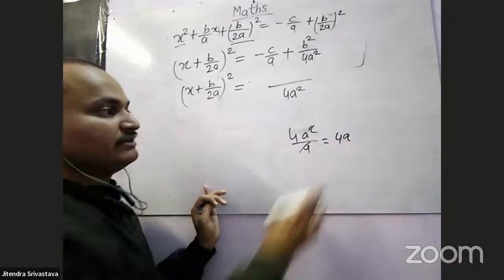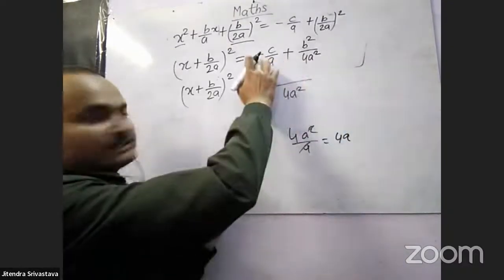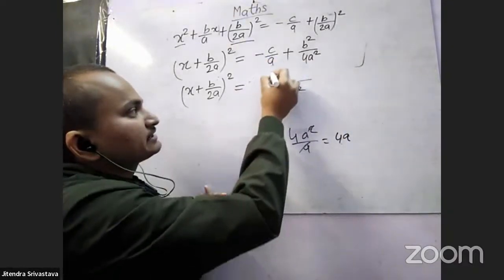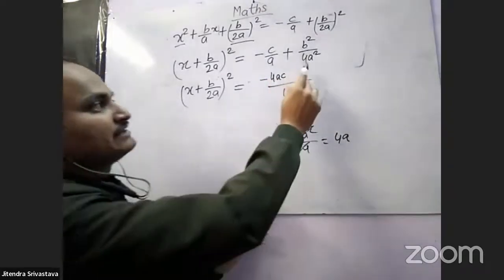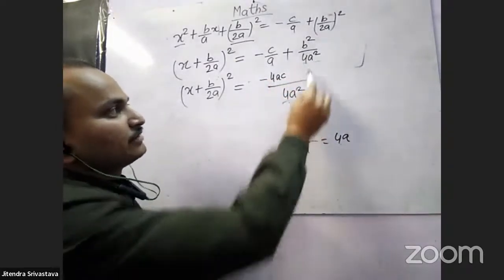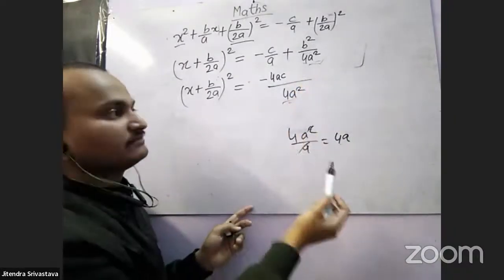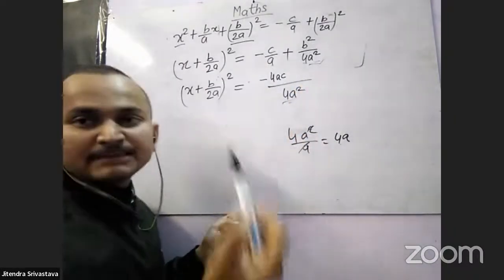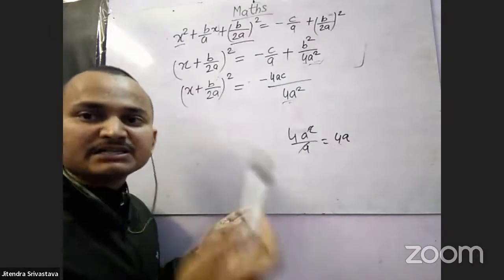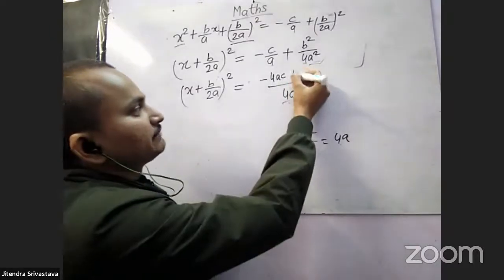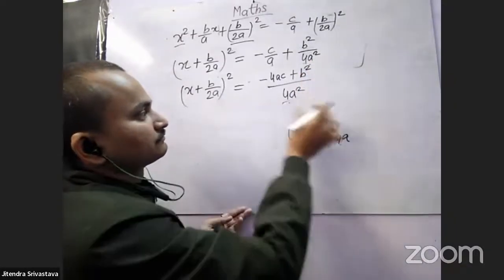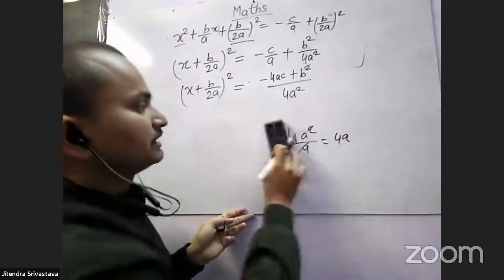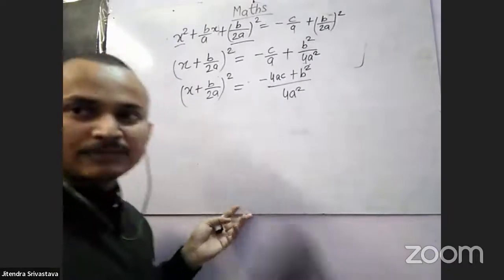So we will multiply 4a with minus c, and we will get minus 4ac. Now we divide 4a square by this 4a square, and we get 1. We multiply 1 with b square, and we get b square only, so it will be plus b square. I hope you all have understood up to this part.